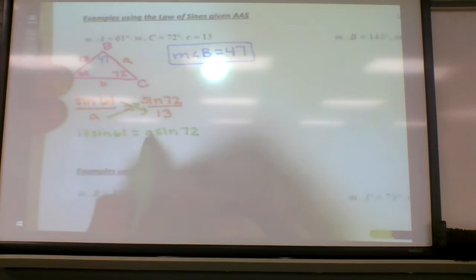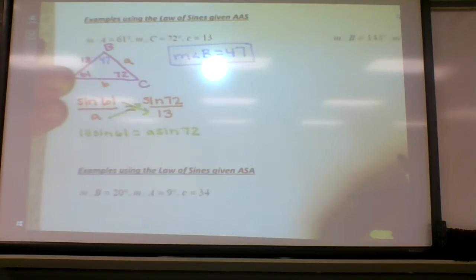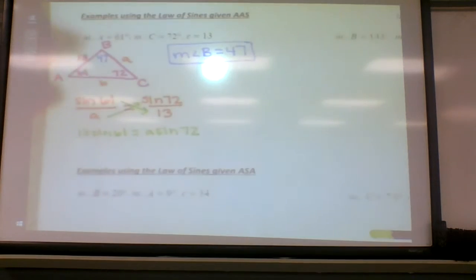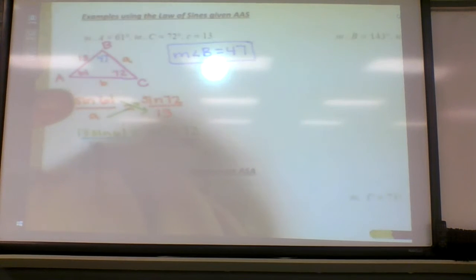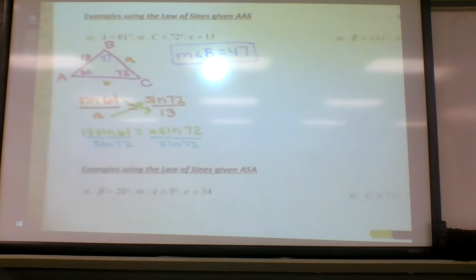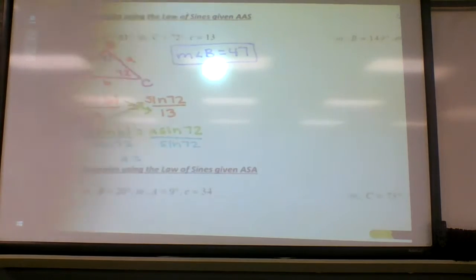And then to finish solving for a, you just have to get rid of the sine of 72, which means you have to divide. So we would just divide by the sine of 72. And if you type this value in over here in your calculator, you will get what side A is equal to. Now when you do this, just be extra careful, yes?